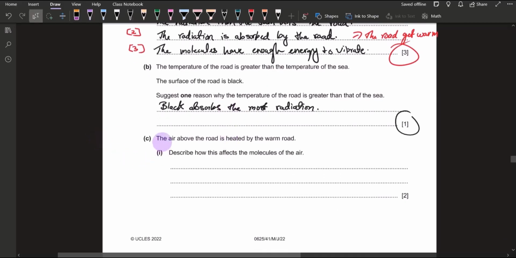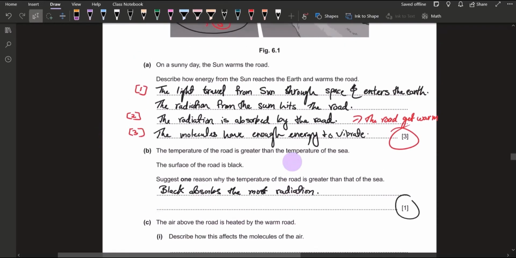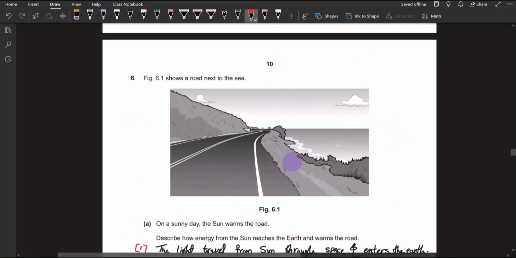Part C says the air above the road is heated by warm road. Describe how this affects the molecules of the air. Now, for example, our road has hot molecules, or you could say is warm, and we get cold air from this side, which is traveling from right to left on this side.